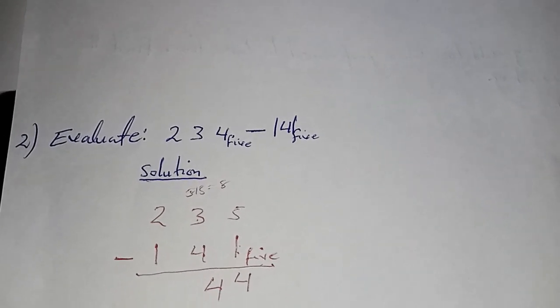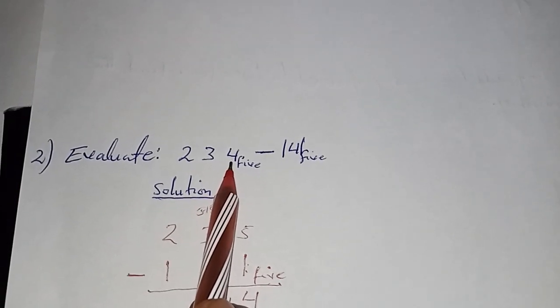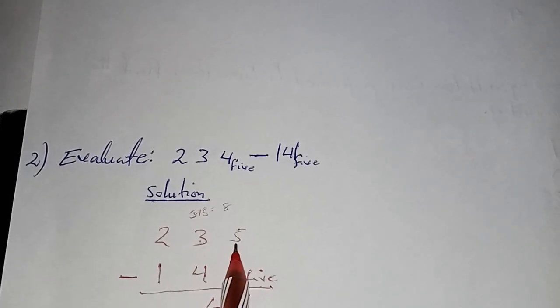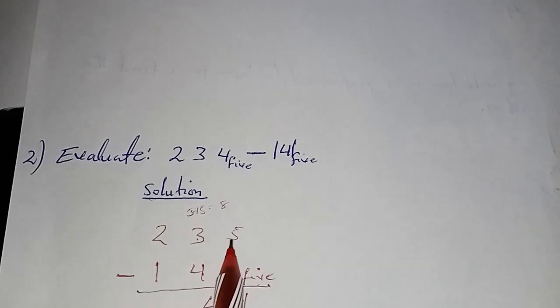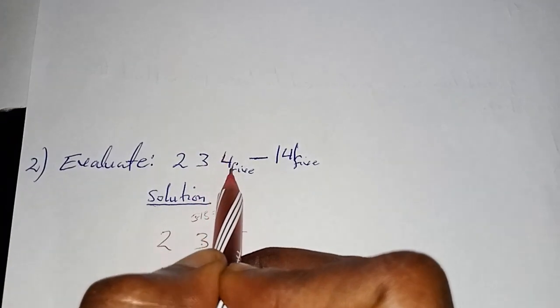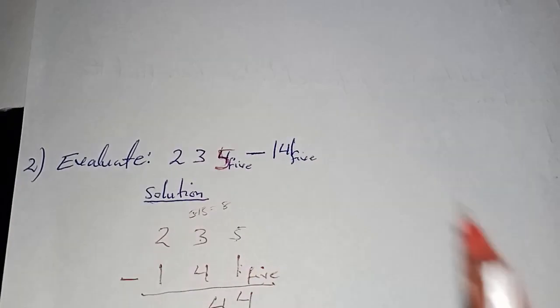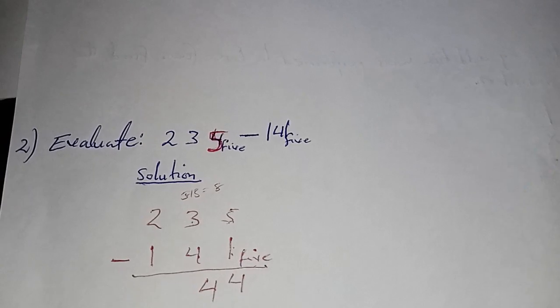From the problem, here should have been 5. Instead of me putting 4 here and placing 5 here, it doesn't matter. We can just change this to 5. It's the same concept. Just change it to 5, and we keep the ball rolling.